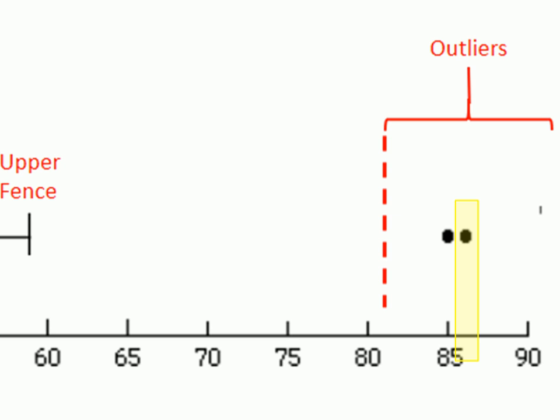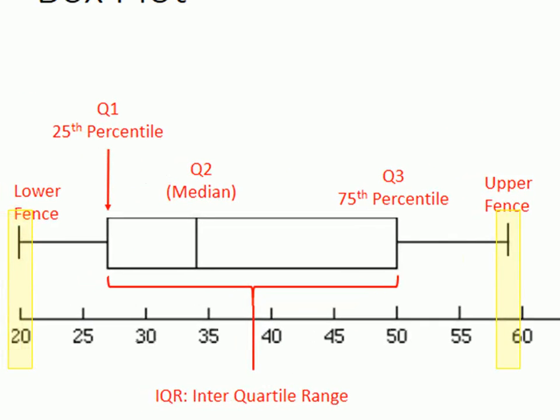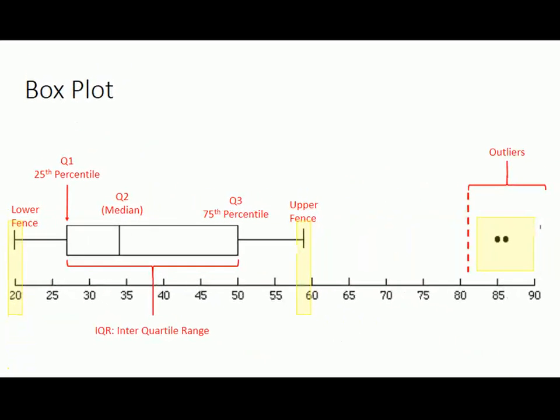The dot that's furthest to the right is the maximum data value. But in a box plot, you have these little whiskers that show the fence, separating what are outlier data from the non-outlier data.